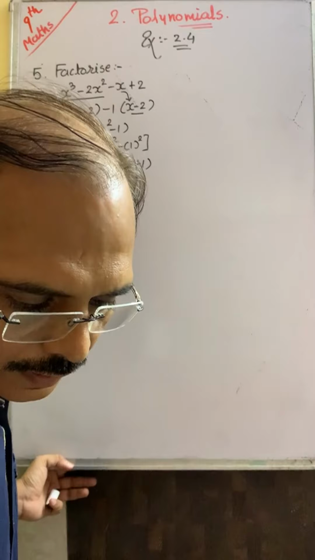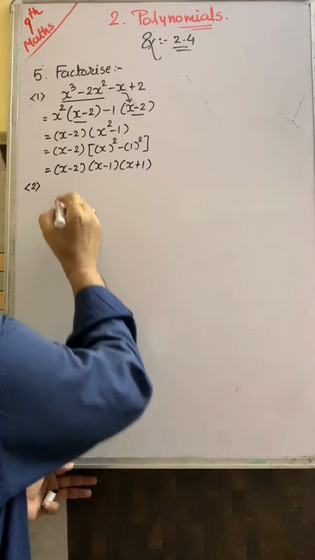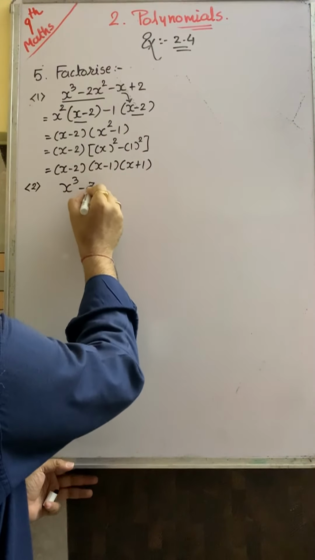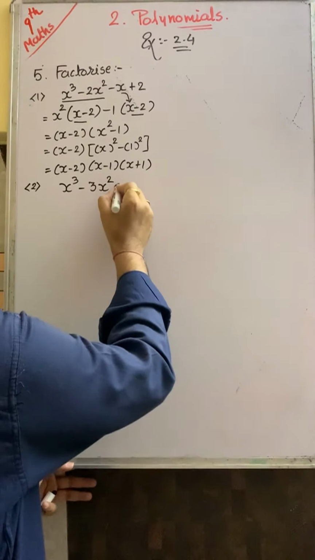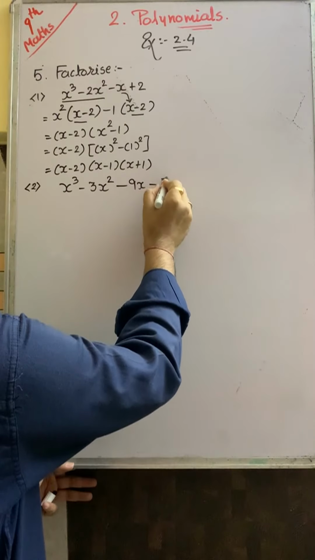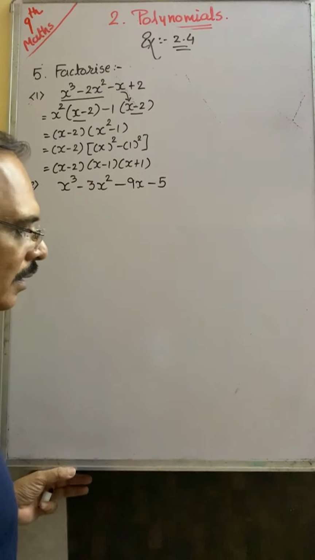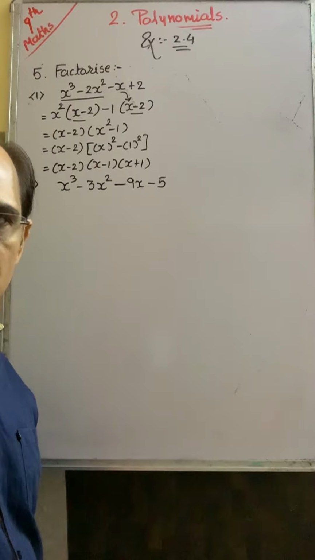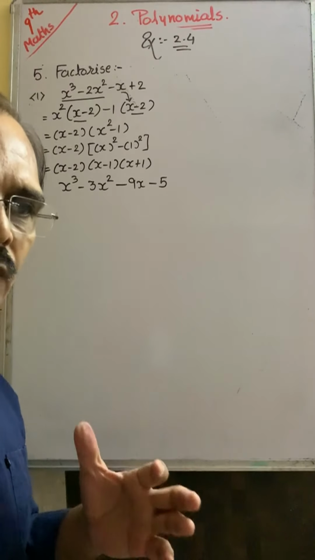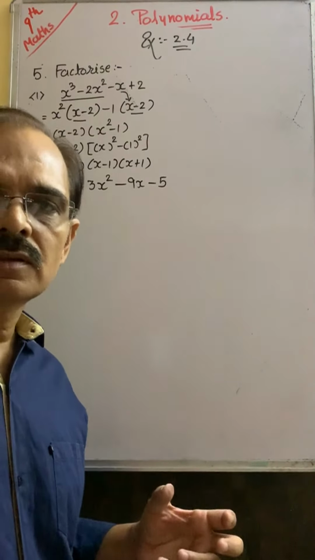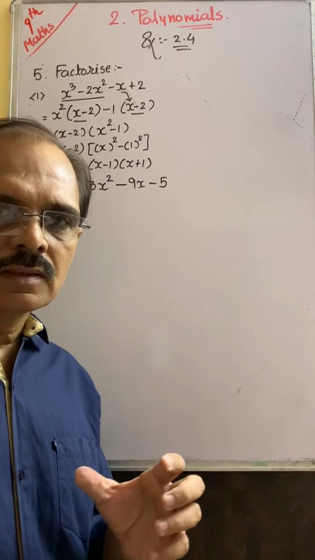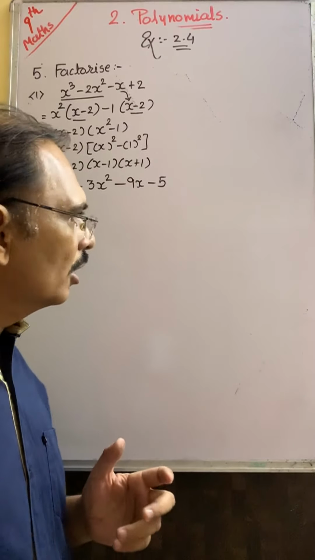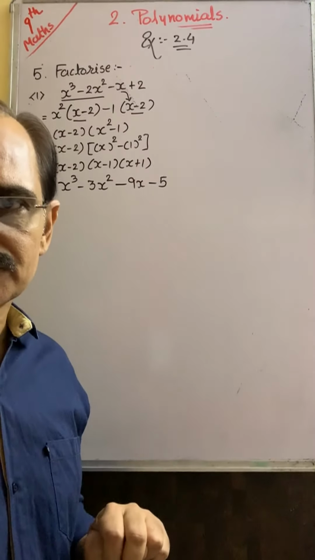Question number 2 is x cube minus 3x square minus 9x minus 5. See, it is a little bit difficult because according to your textbook you have to do the trial and error method. But I taught you about 2 rules.